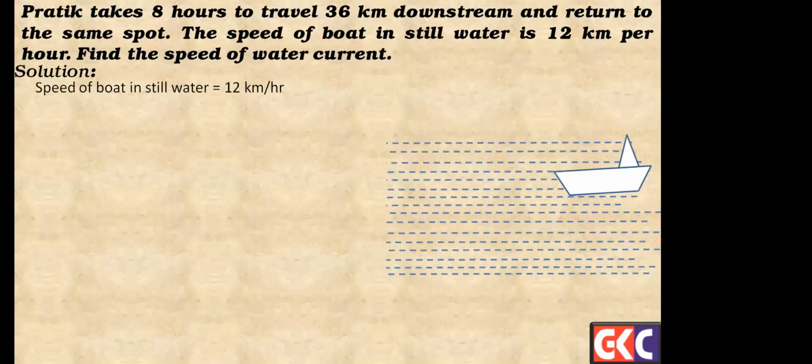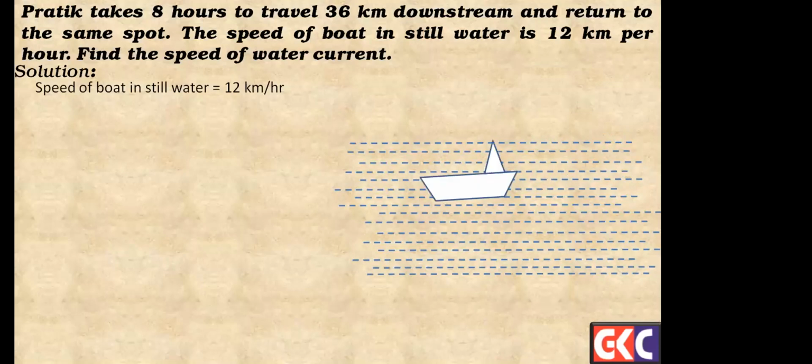Okay, just a simple diagram to explain what exactly I mean by this. Still water, plain water, not moving water, your lake water you can say. When we talk about a boat, the boat travels with the speed of 12 kilometers per hour.